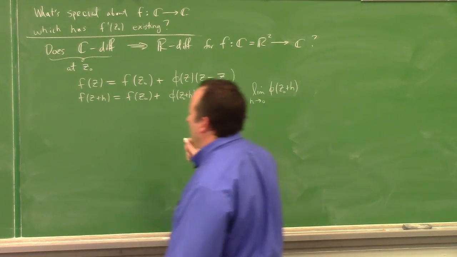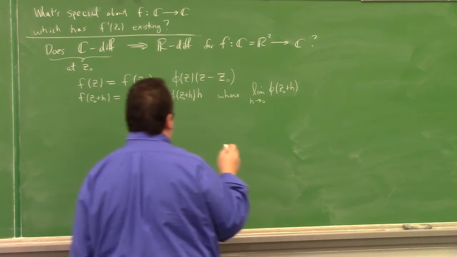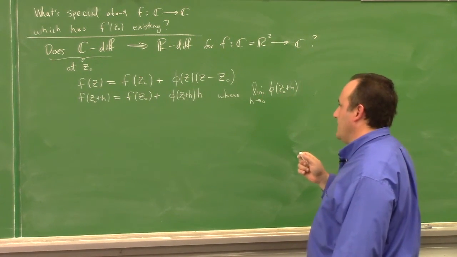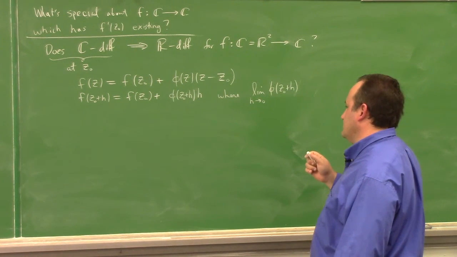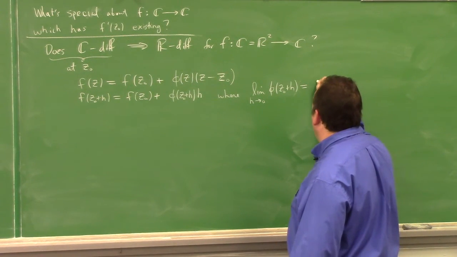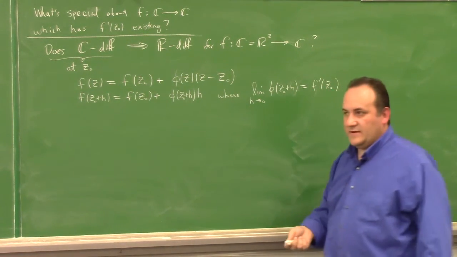Oh yeah, I'm sorry. My bad. Thank you. Okay, well, wouldn't it be z naught plus h minus z naught here, right? Yeah, it's still times h. Okay. Yeah. h goes to 0. This should be f prime of z naught. This is again by the theorem of Carathéodory we talked about before, all right?